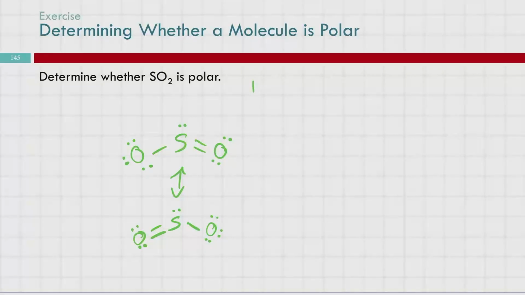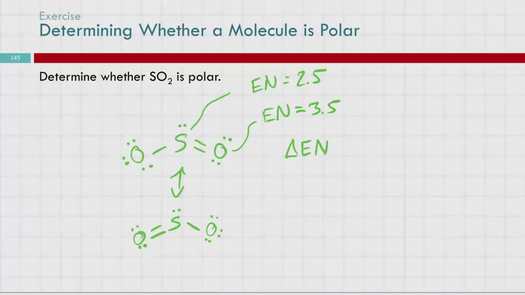And our electronegativity values are 2.5 for sulfur and 3.5 for oxygen. I'll give you a little bit more time in case you're stuck on the Lewis structure. See if it is polar. All right, first thing that we want to consider when we're looking for whether a molecule is polar is, do we have a polar bond?